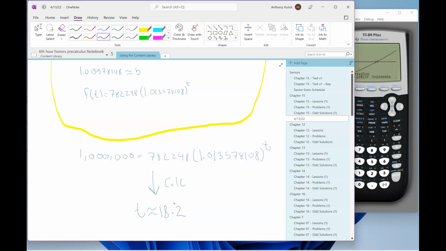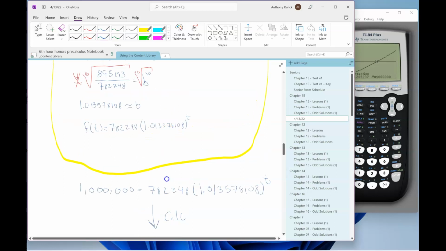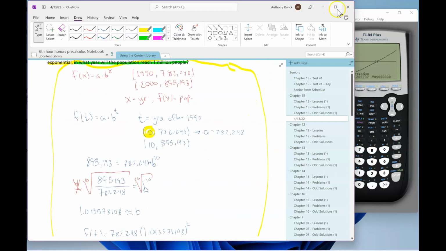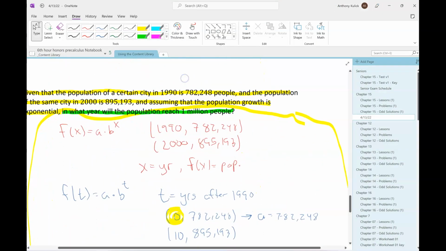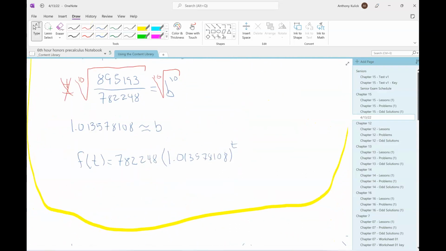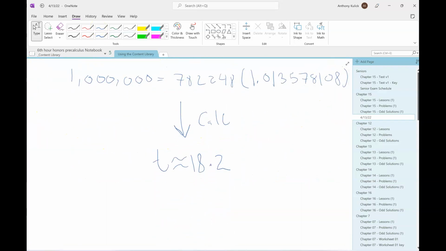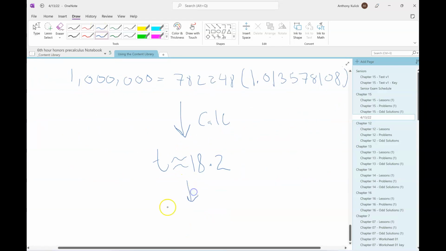But does that actually answer the question that I'm being asked in the problem? It's asking me, in what year will the population reach 1 million people? So how should I answer that then? I'm adding 1990.